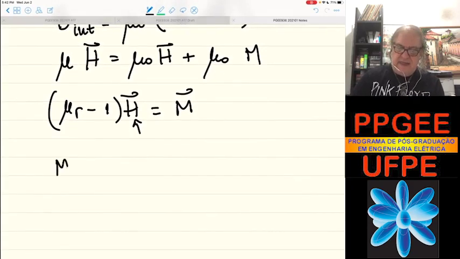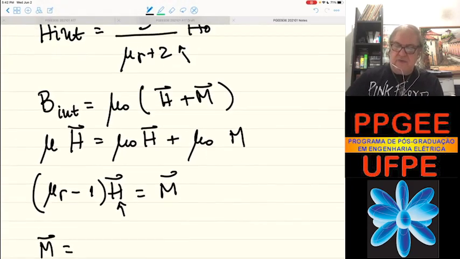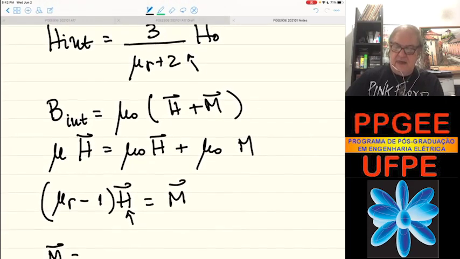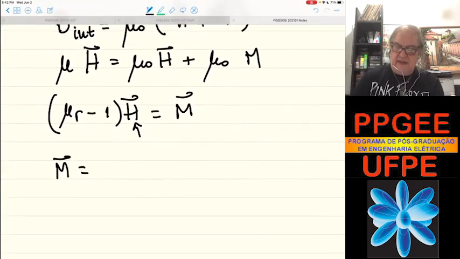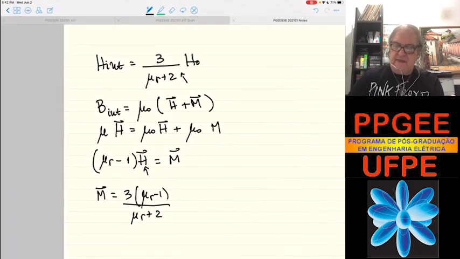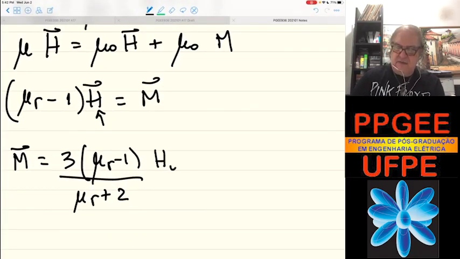So the magnetization equals 3 times mu r minus 1 divided by mu r plus 2, times H0 AZ.